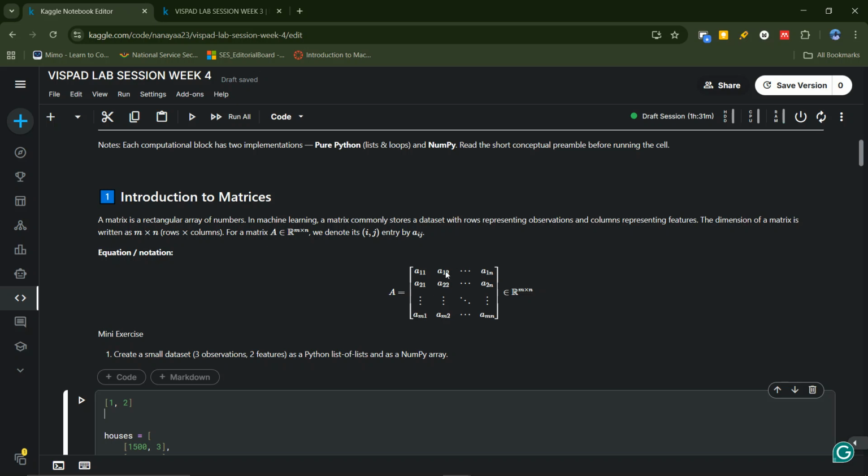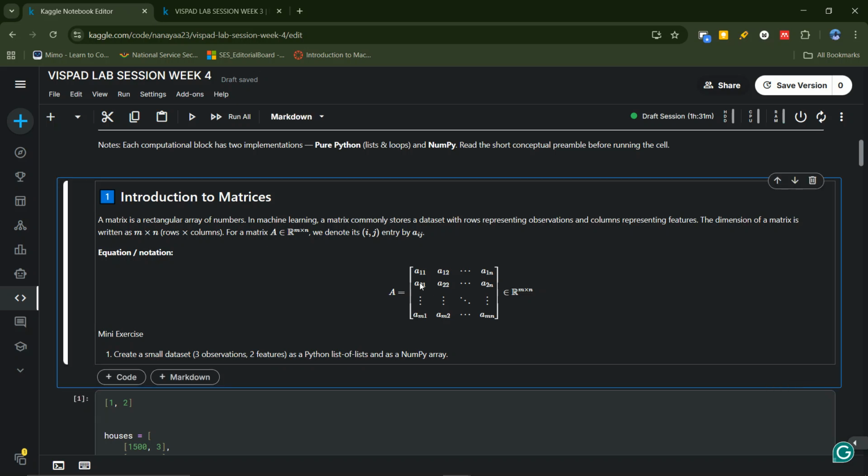And it makes sense if you look at it, right? If you take A21 here, we are saying that element A is on row 2, column 1. Okay, it makes sense. If you are confused, rows are the horizontal observations, and columns are vertical.